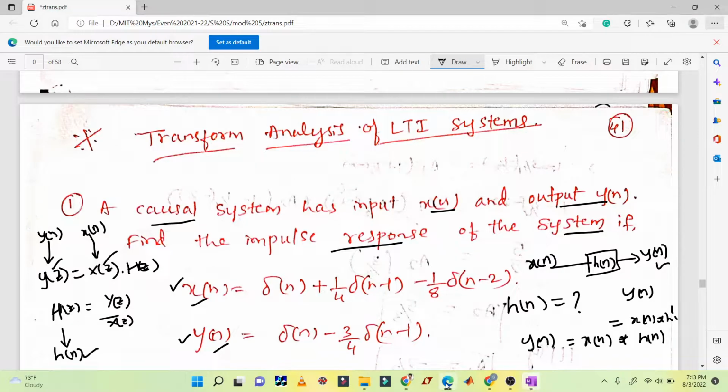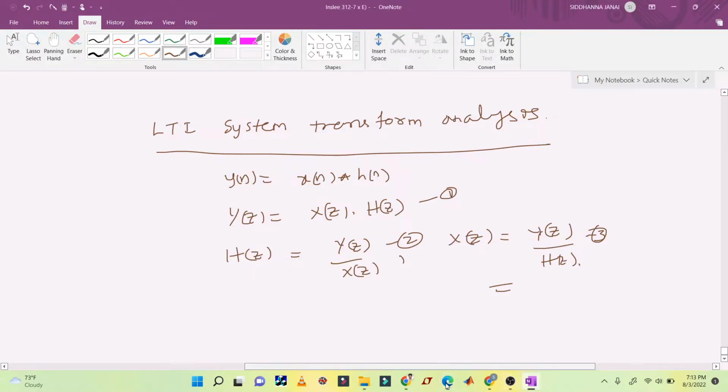Now the first problem is given as: x of n is equal to delta of n plus 1 by 4 delta of n minus 1 minus 1 by 8 delta of n minus 2. This is our x of n.